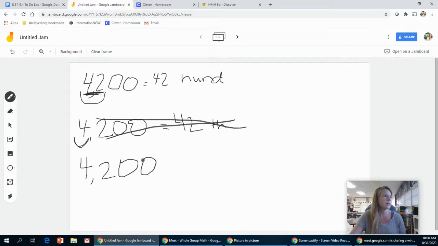4,200 is equal to how many ones? All right. C says 4,200. So we have to figure out if 4,200 is equal to 4,200 ones. So here's my ones place.